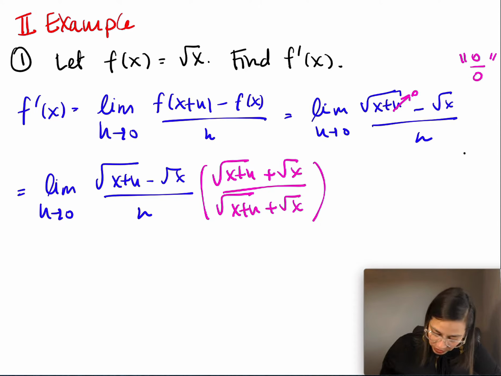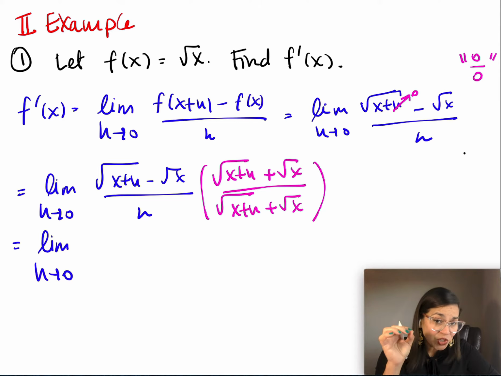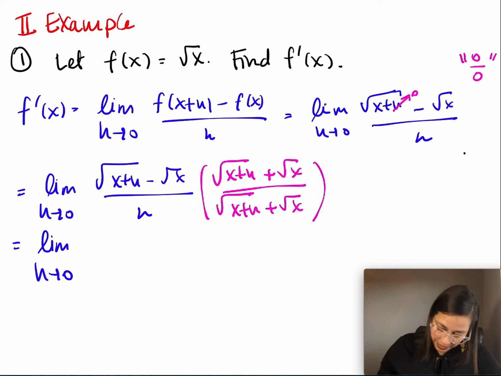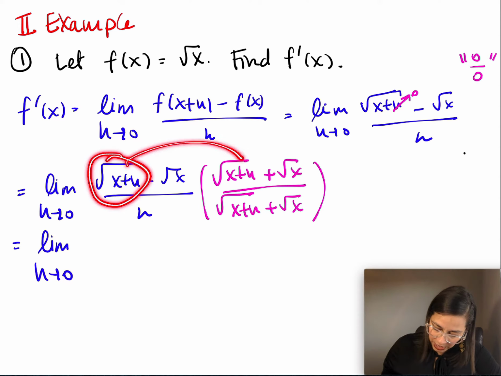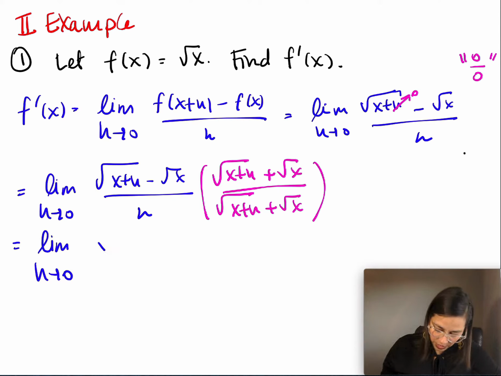Now, I'm going to simplify this, and this is the limit as h goes to 0, and I know that the whole point of multiplying by the conjugate is to get rid of the square roots. So what do I get? If I do root of x plus h times root of x plus h, I get root of x plus h squared. So I get x plus h, right?